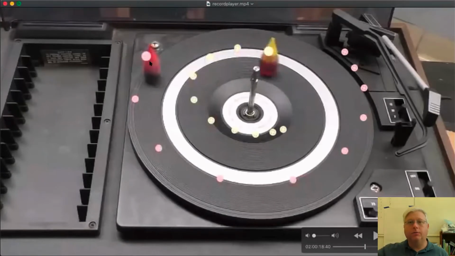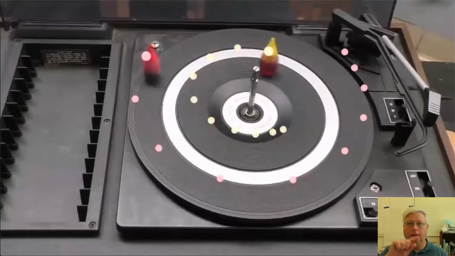So even though there's a constant speed, a uniform circular motion, depending on the size of the circle, or if you're on a two-dimensional plane like this record player is, well, then the further you are from the axis, you're actually moving faster. But you might say, well, what do you mean?